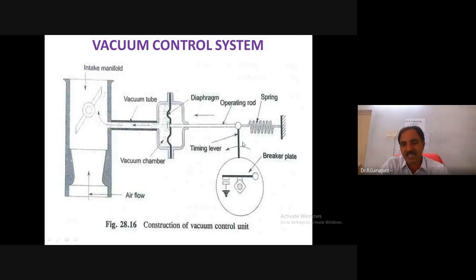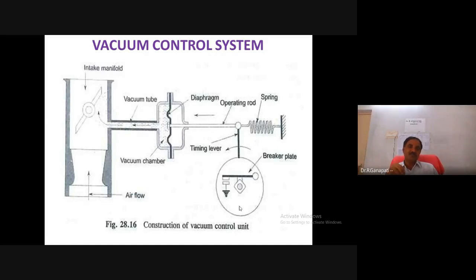It can displace the timing lever, and while the timing lever changes its position, the timing lever and the cam are fixed together. So automatically the cam position also changes. When the cam position changes, the advance occurs. That is the very simple understanding point of view.